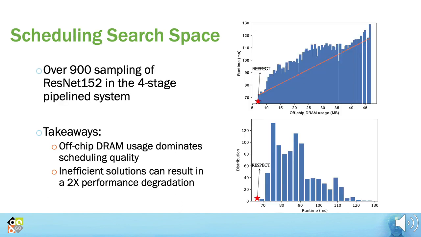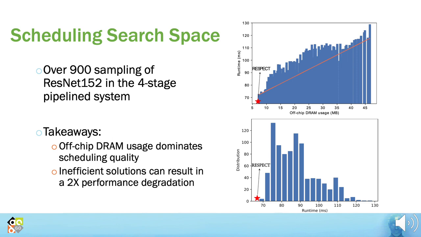With scheduling runtimes, we are dealing with an expensive search space. I would like to show you some runtime results from over 900 different scheduling solutions for model ResNet 152 in a 4-stage pipeline Edge TPU system. You can see the results in this figure on the right side.